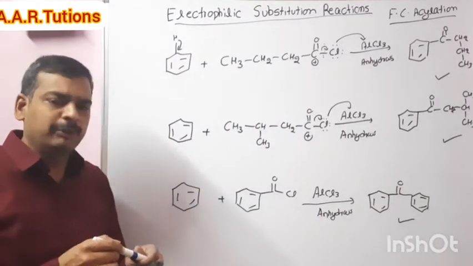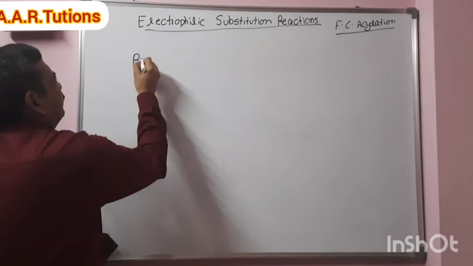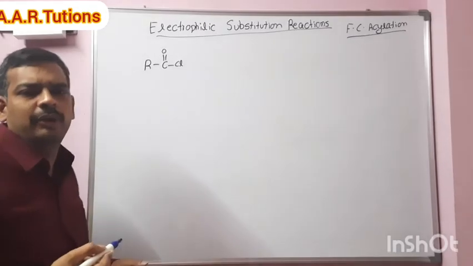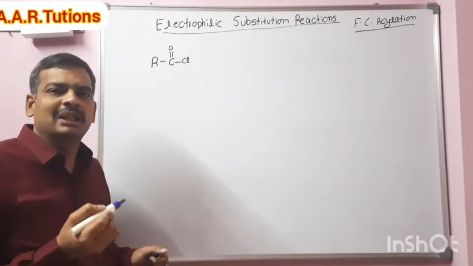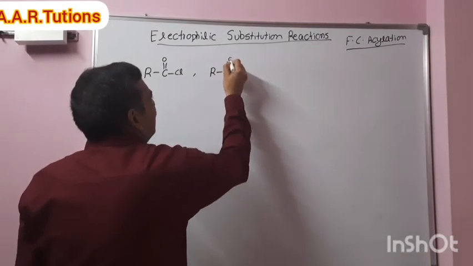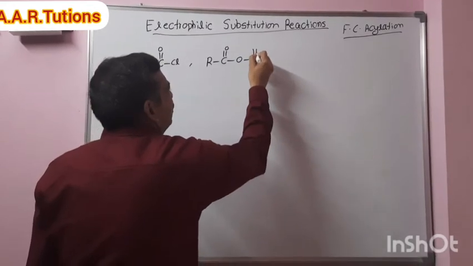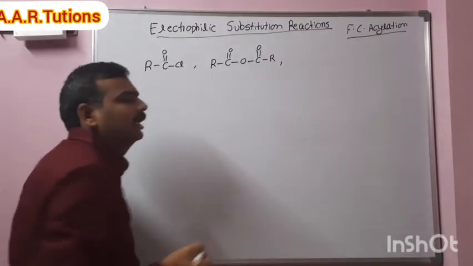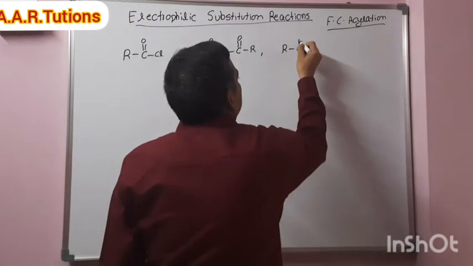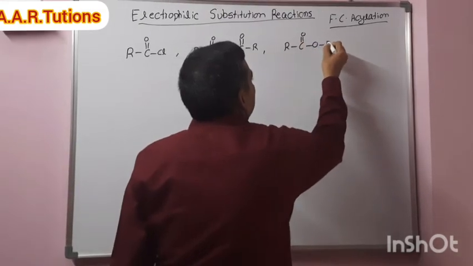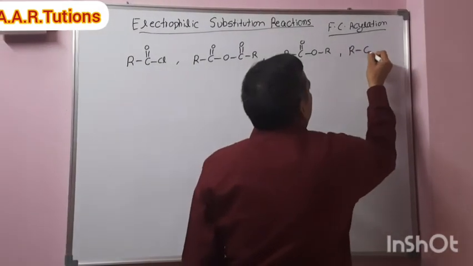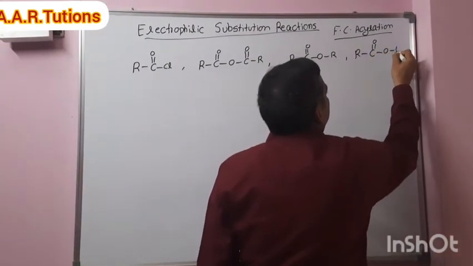Now, the next problem. We discussed a few problems based on acid chlorides. Acid chlorides undergo Friedel-Crafts acylation. Other than acid chlorides, anhydrides also undergo Friedel-Crafts acylation. Esters also undergo Friedel-Crafts acylation. Carboxylic acids also undergo Friedel-Crafts acylation.